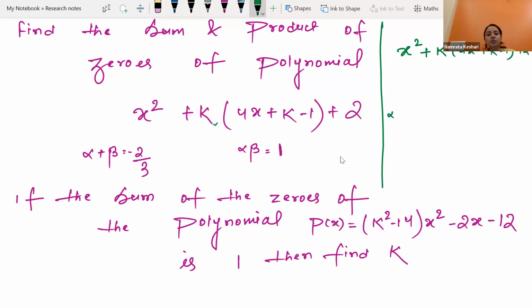So the sum of the zeros formula is minus b by a. Now the question is, what is b over here? We are very clear that whatever is the coefficient of x square, that is a. So a is 1 over here. Whatever is the coefficient of x, that is b. That means whatever is multiplied with x, that is b.